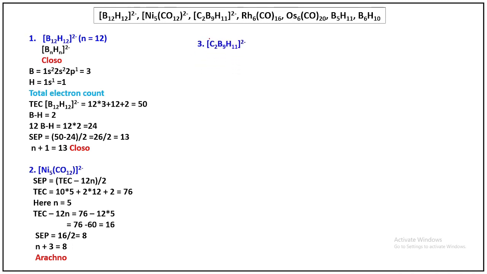The next one is C2B9H11 2 minus. This is called a carborane. Here we need to know the concept of isolobal analogy, which is simple but important. We know carbon has 4 valence electrons. Similarly, one boron has 3 and one hydrogen has 1 valence electron, totally giving 4 electrons for one BH fragment.